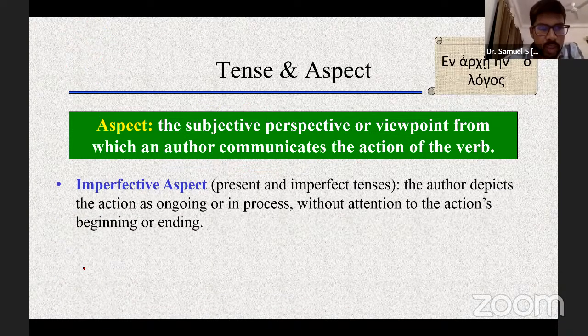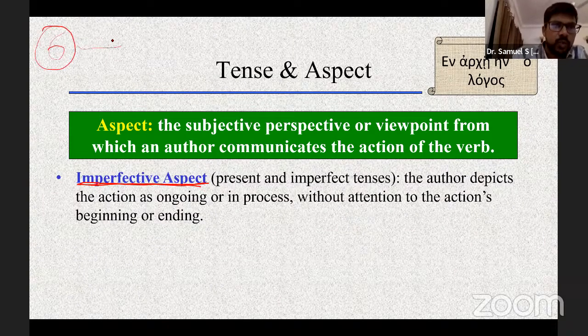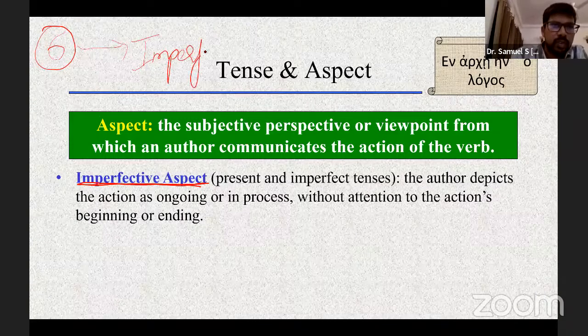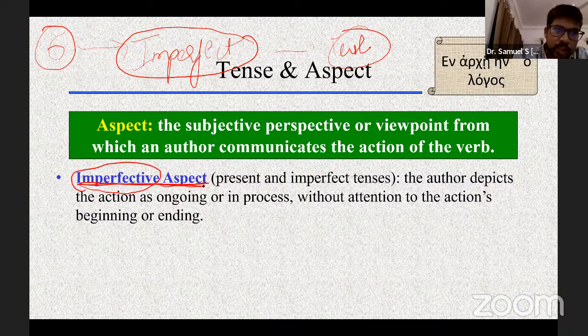First way is what is called imperfective aspect. Now, this is a little confusing because we already saw in the 6 tense forms, there is one tense form which is called imperfect. Imperfect is a tense form. Imperfective is an aspect.